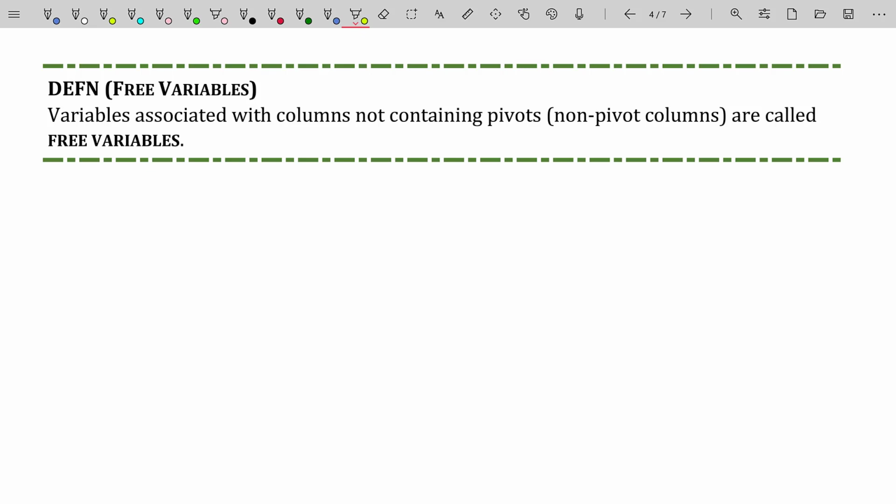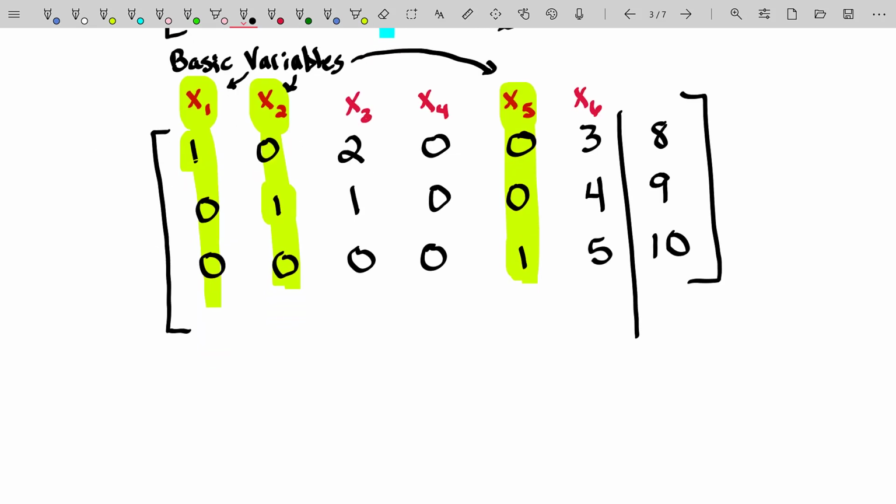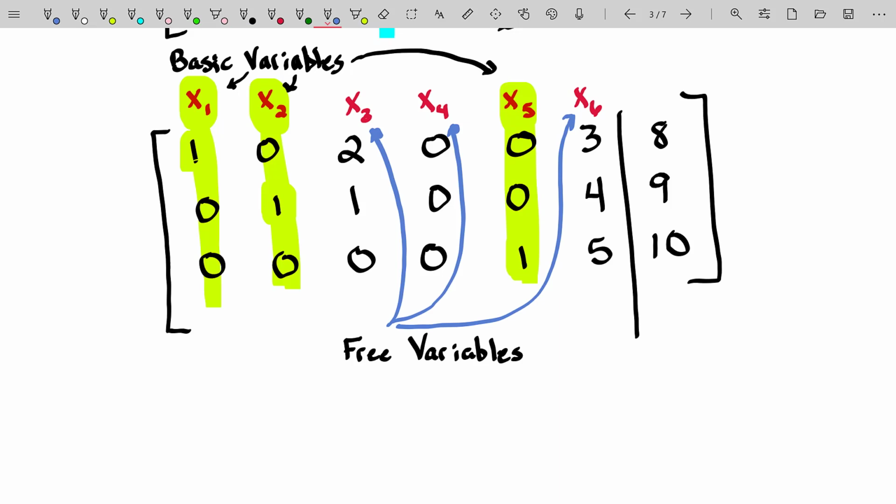So going back to what I've drawn just a moment ago, we know x1, x2, and x sub 5 are all basic variables. Our free variables are the variables associated with non-pivot columns, which is essentially all the remaining non-basic variables. So essentially you have basic variables and then non-basic variables, which we call free variables.